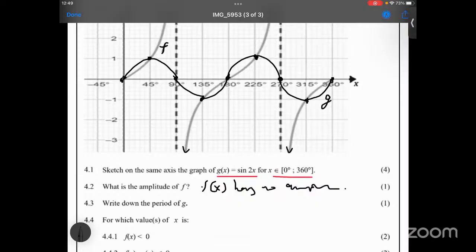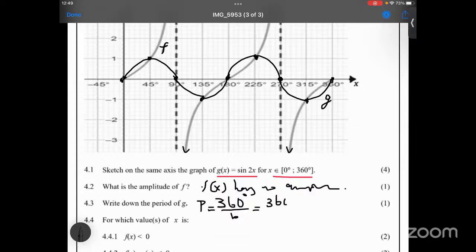Yes. And then now they say write down the period of g. The period of g, as I've just explained, is P equals 360 degrees divided by the B value, because it is a sine function. What is the B value?